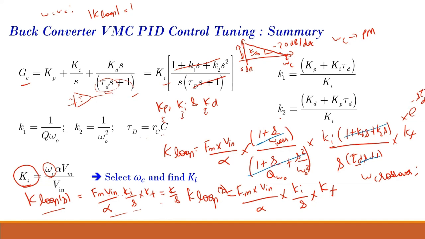Sir, when this tau d is not there, it is simply only KDs. Yes, but that is physically not possible. That is for the ideal case. But what will happen then? The attenuation won't happen at all. It will be amplifying. If only KD of s is there, at high frequencies, what happens?